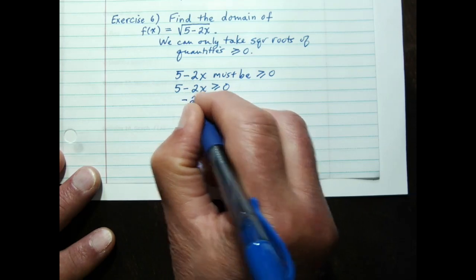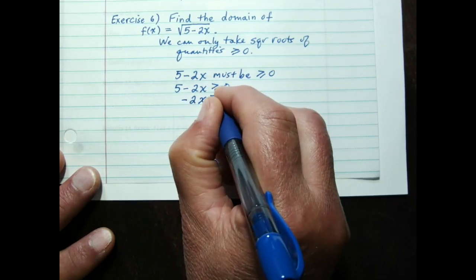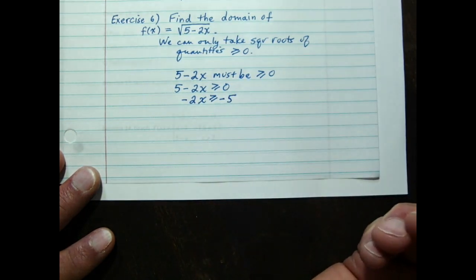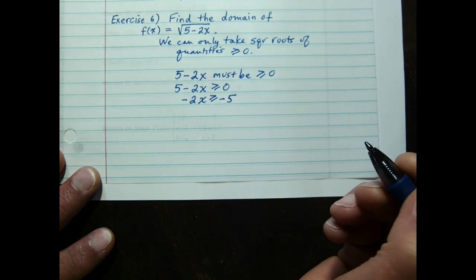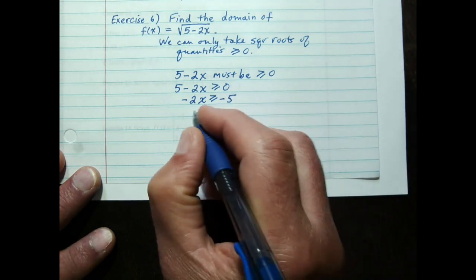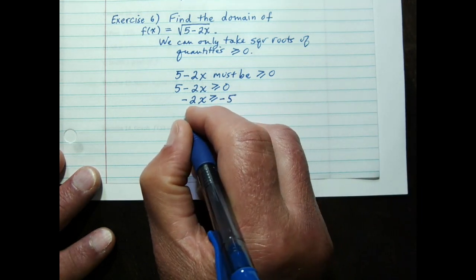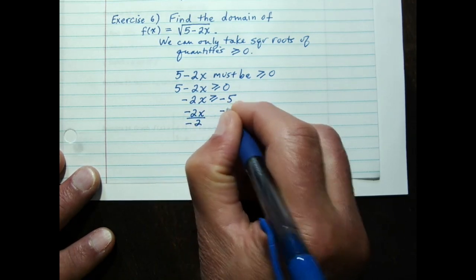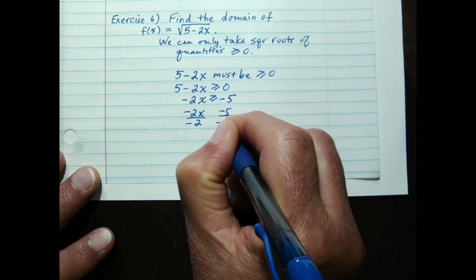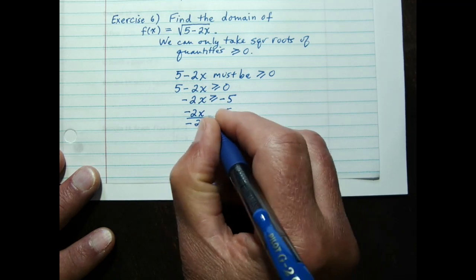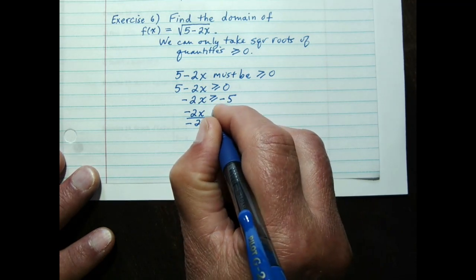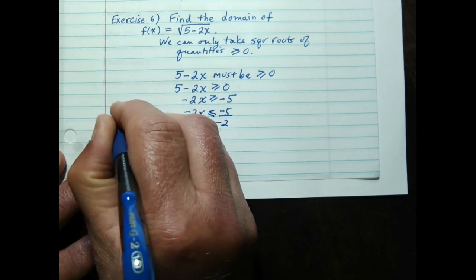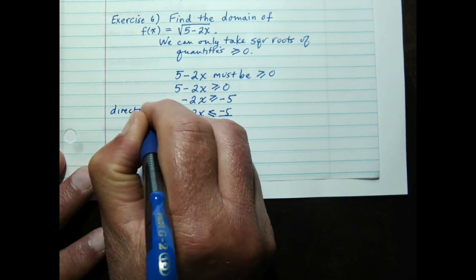I could subtract 5 from both sides, in which case I get minus 2x is greater than or equal to minus 5. And then I have to divide both sides by negative 2, right? And now here's something you have to remember from basic algebra. When you divide both sides by a negative number, the inequality direction changes.